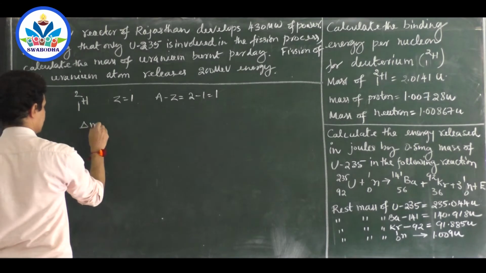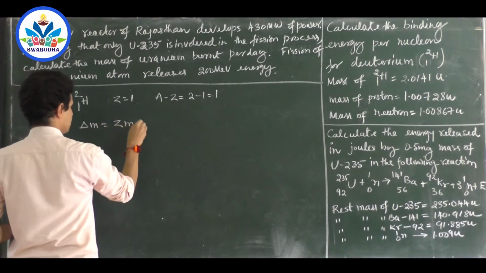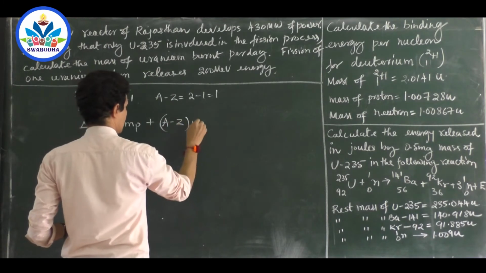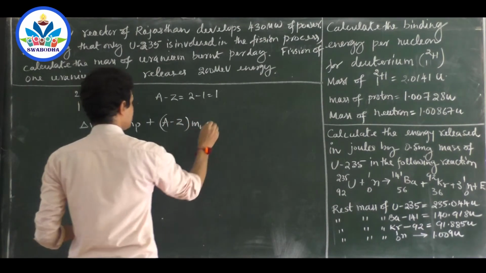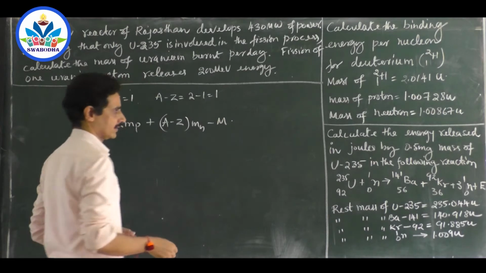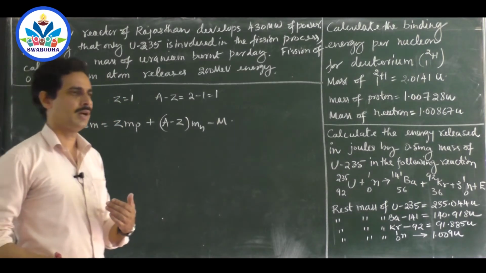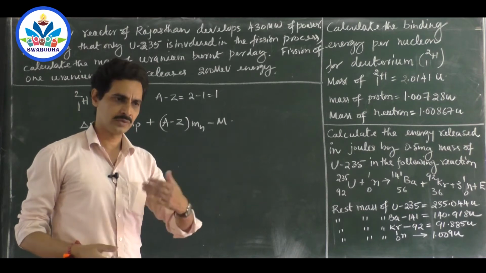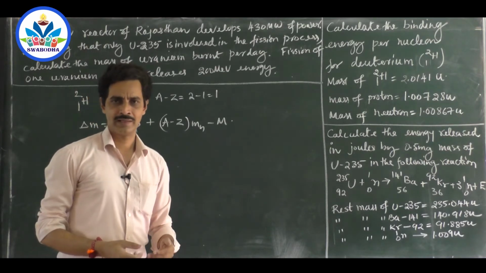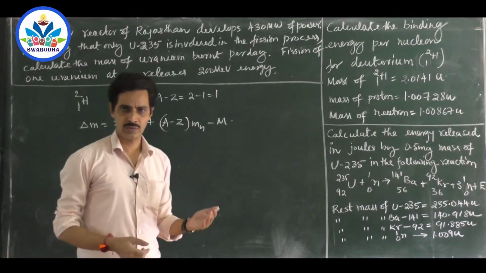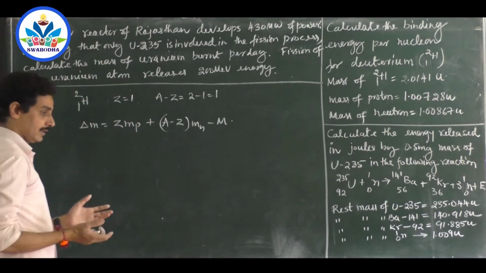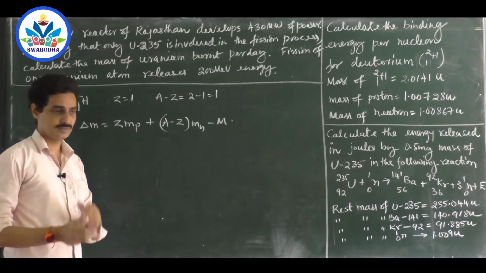Mass defect is Z into mass of each proton plus A minus Z into mass of each neutron minus mass of the nucleus. If you convert it into energy by multiplying it by 931.5 million electron volt, you will get the total energy in electron volt which is released during the process. That is given as the binding energy of the nucleus.